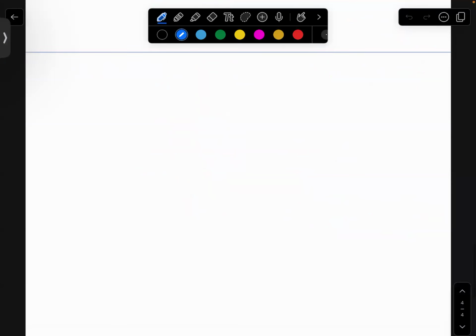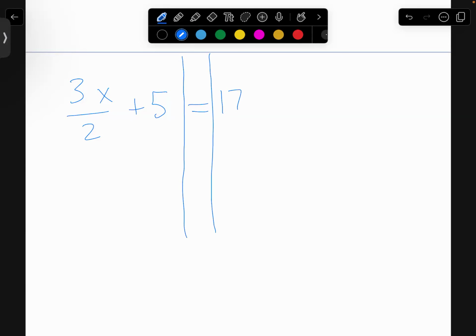So this is asking 3x over 2 plus 5 equals 17. So like always, the first step we do is we subtract and do addition first. So this would be 3x over 2 equals 12. So that makes sense up till here, right? Next, if we see 3 over 2, it might be difficult to figure out what to do, so we can do it one step at a time.